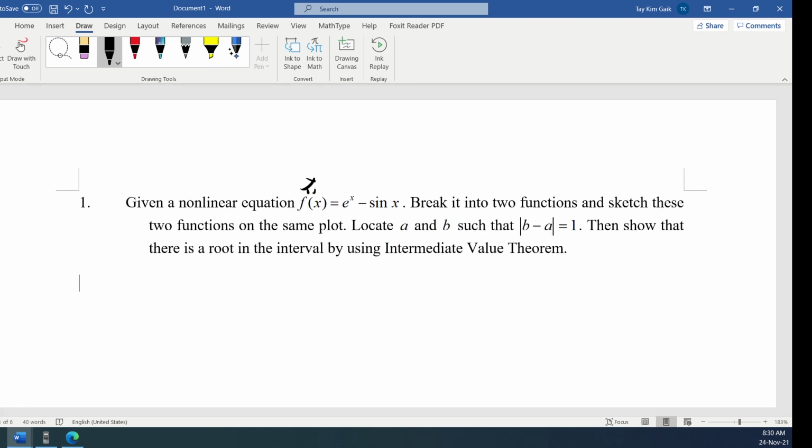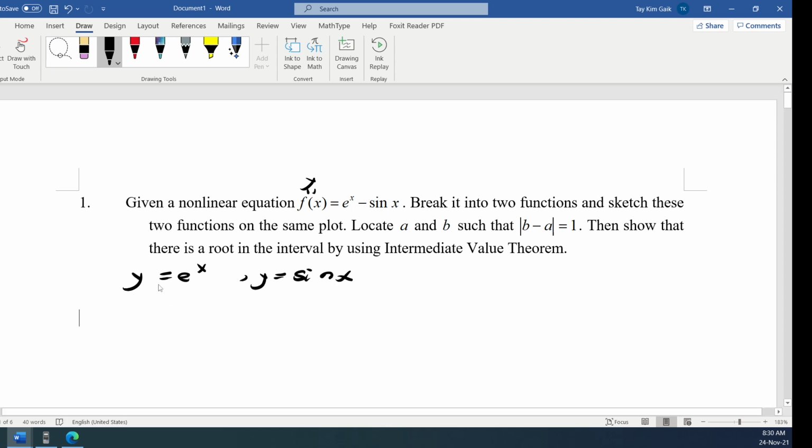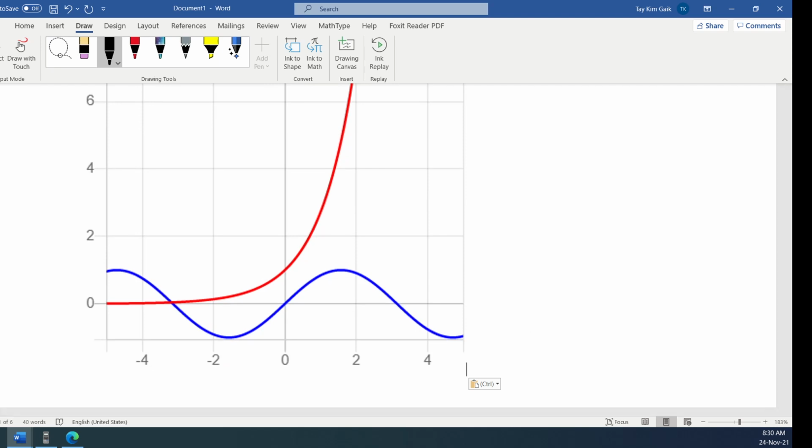So you break it into y equal to e^x and y equal to sin x, and we plot it using the calculator. From the calculator, you see the intersection will represent the root of these two functions.